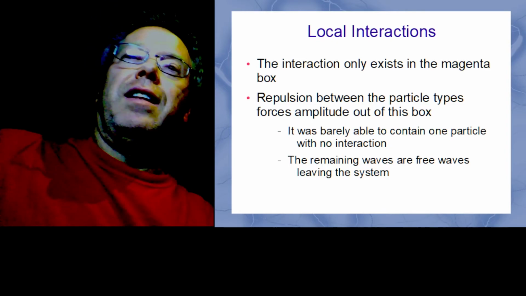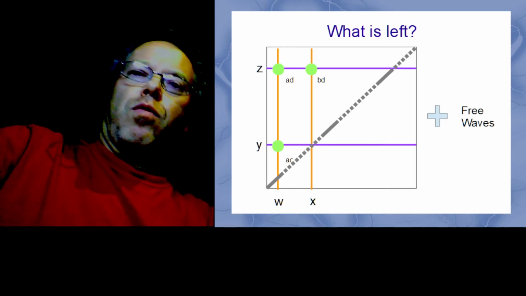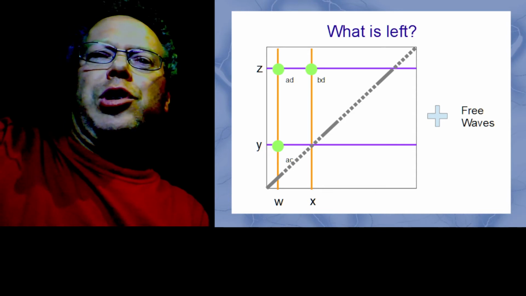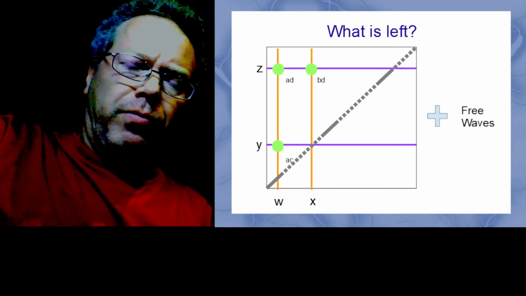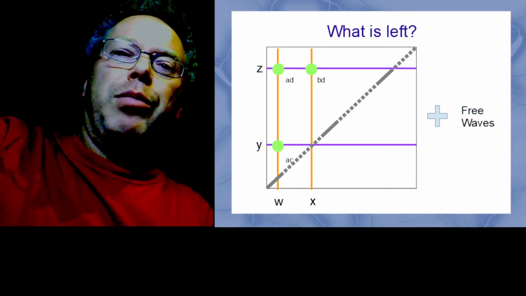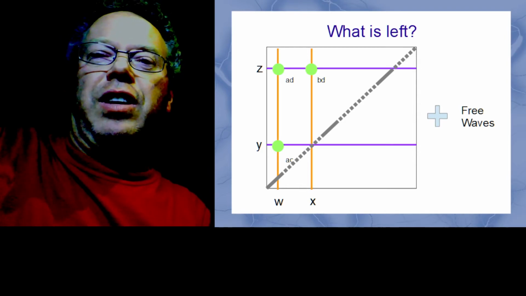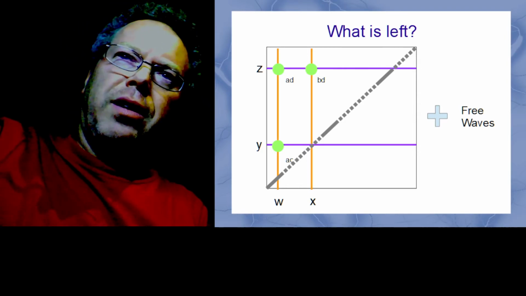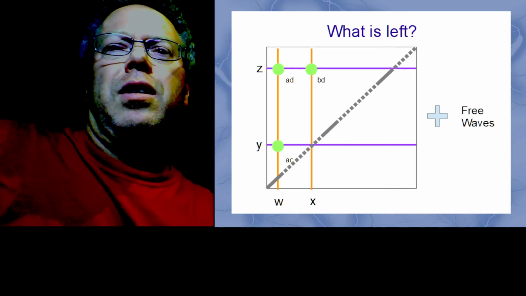Well, the waves in that little well on the right start radiating out. Maybe some of them fall in these other wells, but they become free waves for the most part. And what I've got left is this. I've still got my amplitudes at WY, WZ, and XZ, but that one corner well is now empty. I've got free waves radiating off in space.